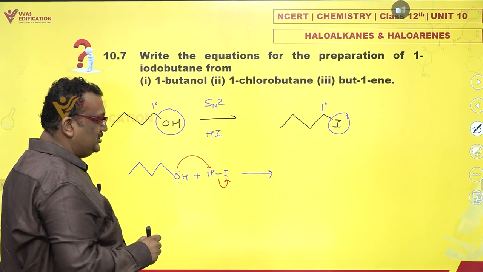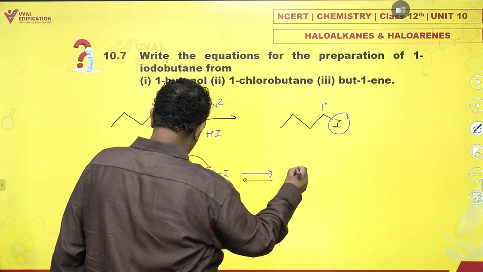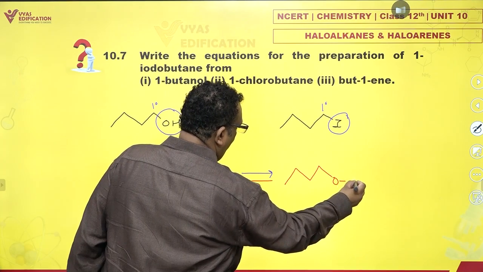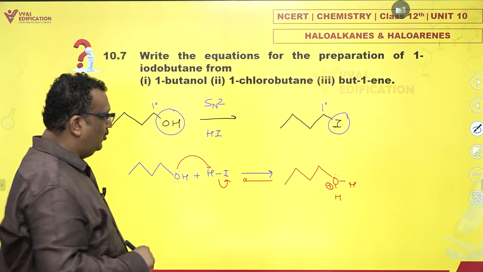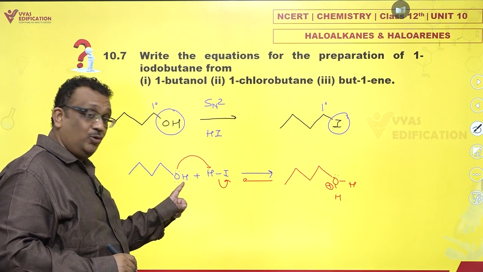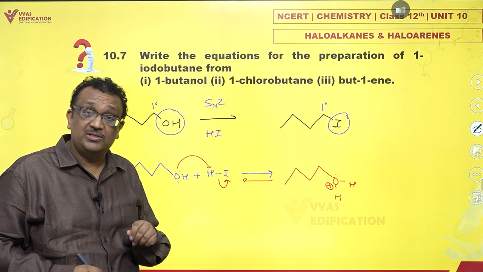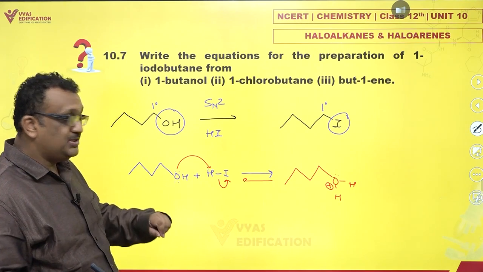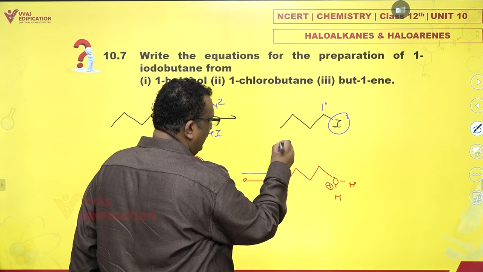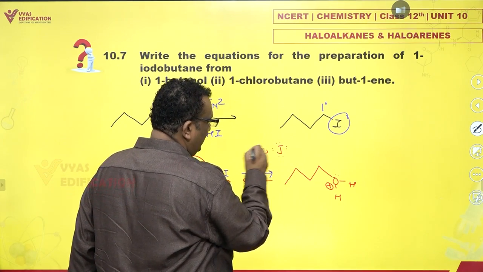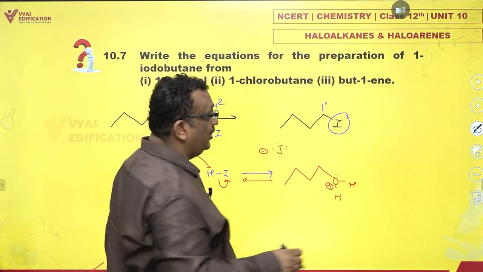H plus is donated here and I get OH2 plus like this. Now please note OH minus is not a good leaving group. But now I have, first of all, free I minus. I minus is a great nucleophile, yes. And at the same time now H2O would be a good leaving group.